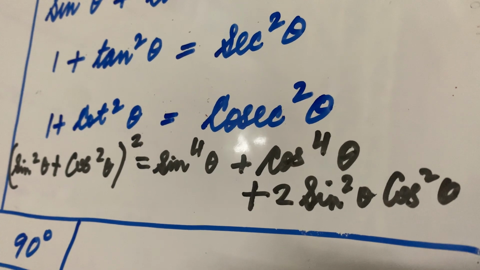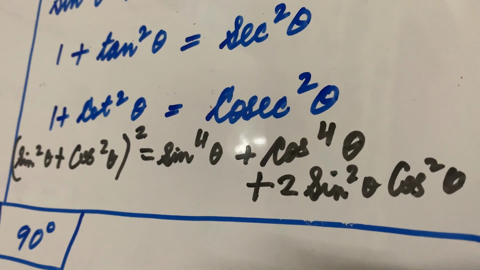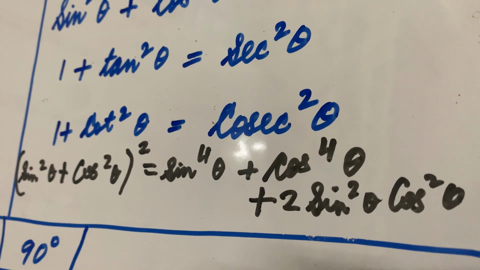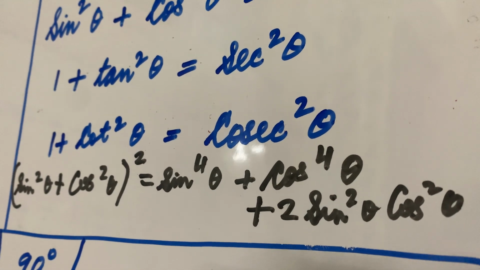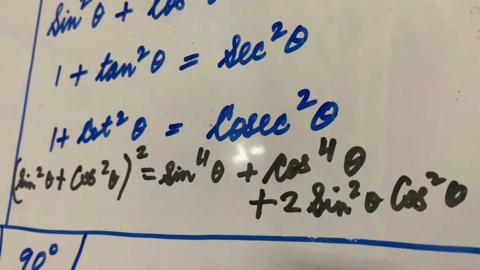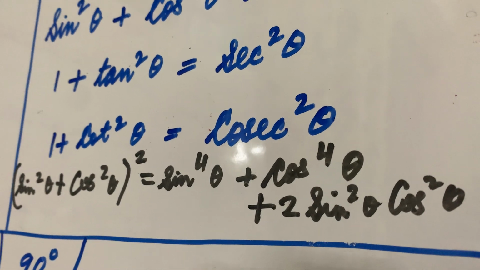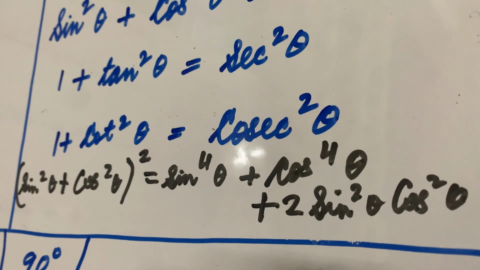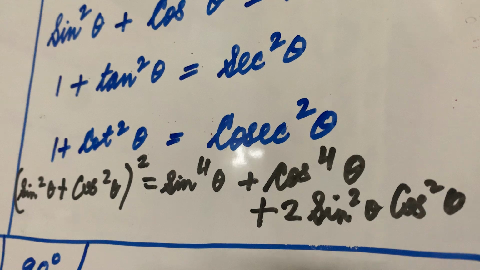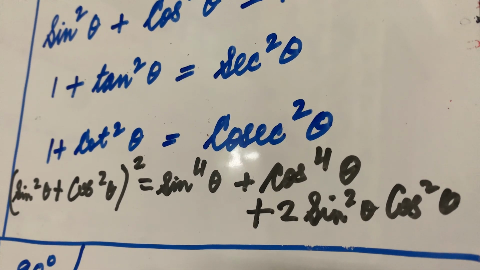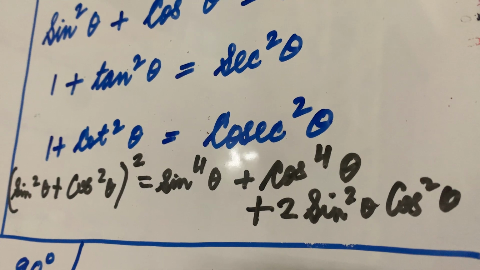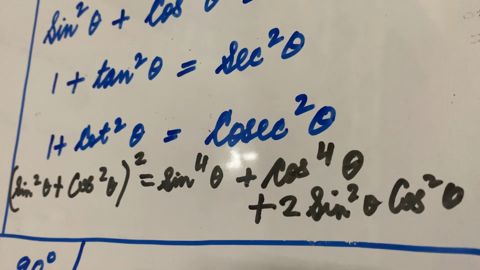Sin square theta plus cos square theta whole thing square will be sin square theta whole square, which is sin 4 theta, plus cos square theta whole square, which is cos 4 theta, plus twice of AB. What is A? Sin square theta, and what is B? Cos square theta. So twice of sin square theta cos square theta.